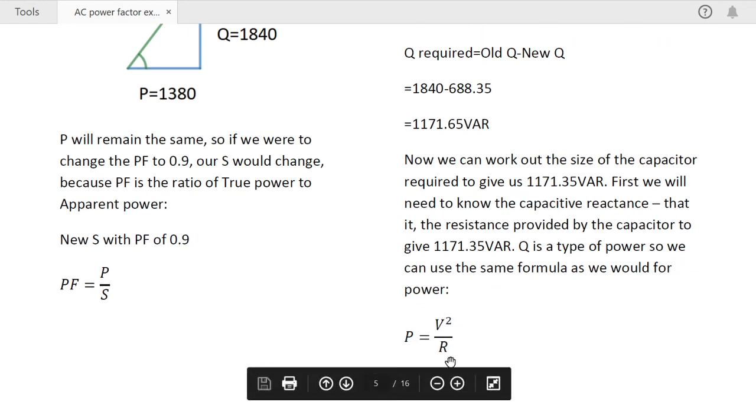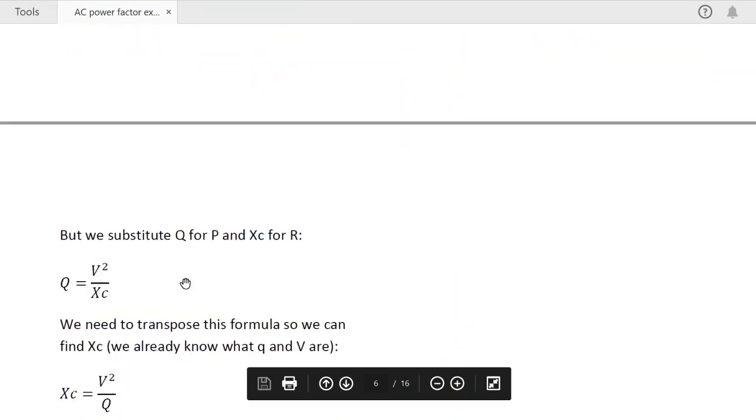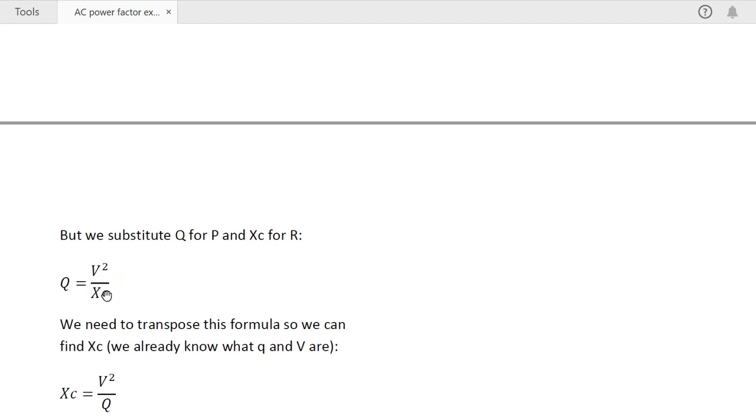So power in Ohm's law would be P equals V squared over R. We're going to use Q. We already know our voltage, and our R is going to be XC, that's our capacitive reactance. That's the resistance that we're going to use. So if we scroll down, we substitute in Q for P and XC for R. So that means Q equals V squared over XC. Exactly the same formula.